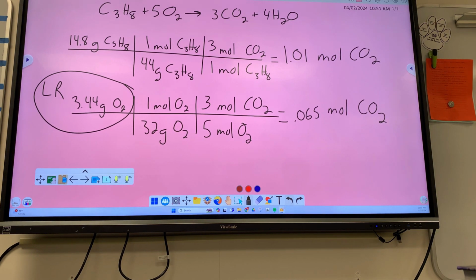We learned that because we did stoich on both of these initial reactants, and the smaller of these 2 products has informed us that our limiting reactant, our oxygen, is going to run out first when we do this particular reaction with these quantities. That is what we have learned.